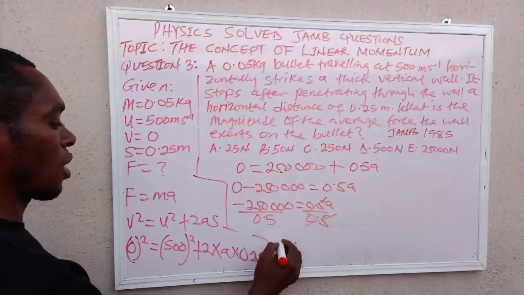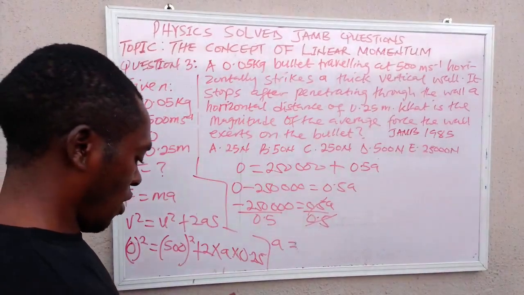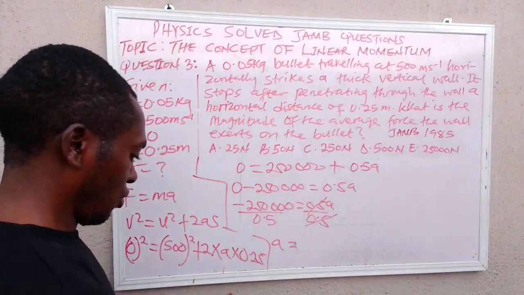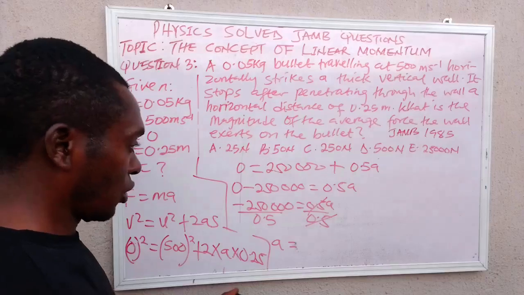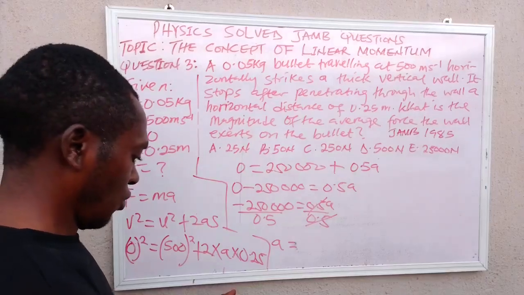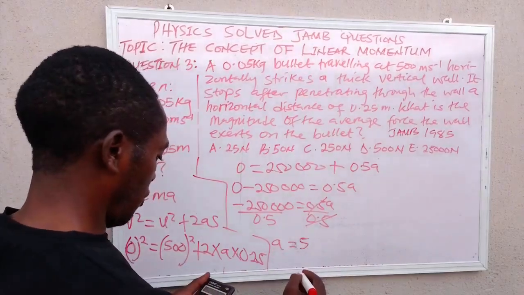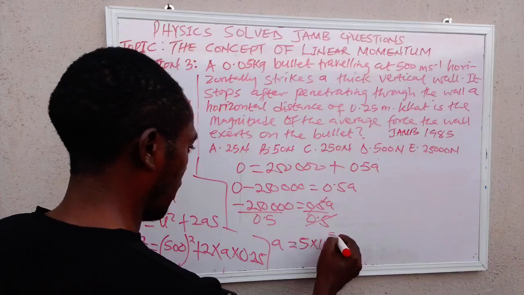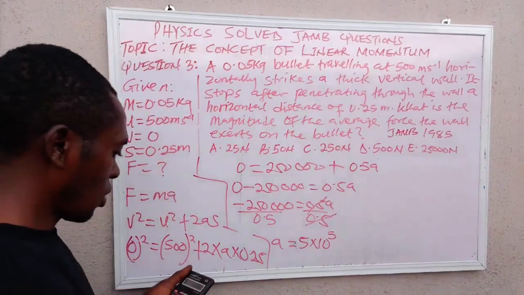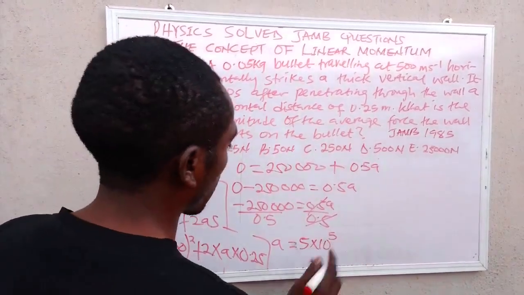This cancels this. Our acceleration is going to be 250,000 divided by 0.5. So what you are going to have is 5 times 10 raised to the power of 5, which is 500,000.